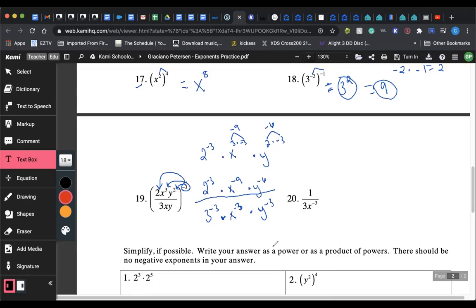Now I'm going to use my quotient rule to simplify my variables. My variables have the same base but different exponents. Subtract the bottom exponent from the top. Very good. So I have to do negative 9 minus negative 3, which is going to give me what?